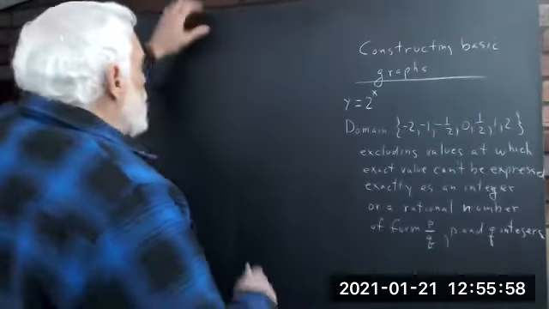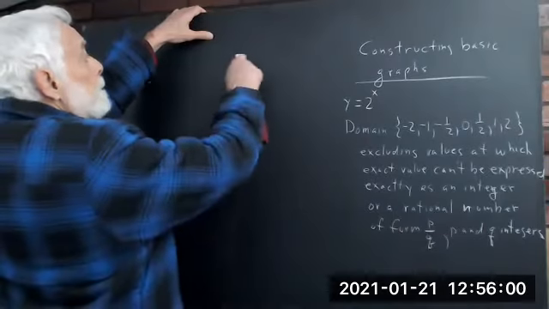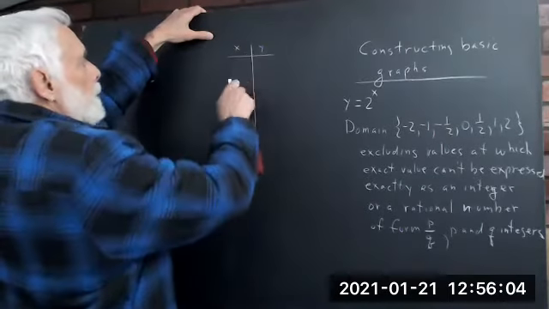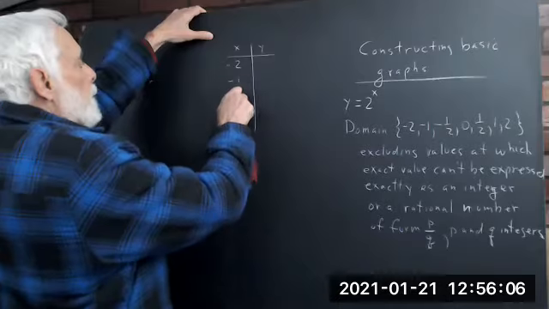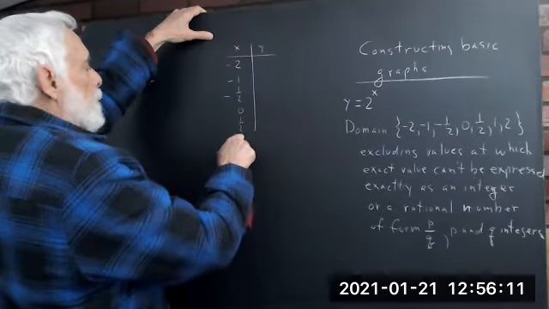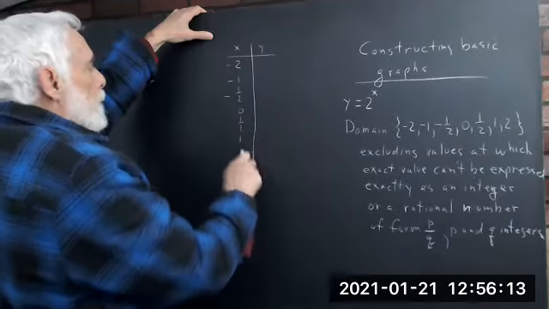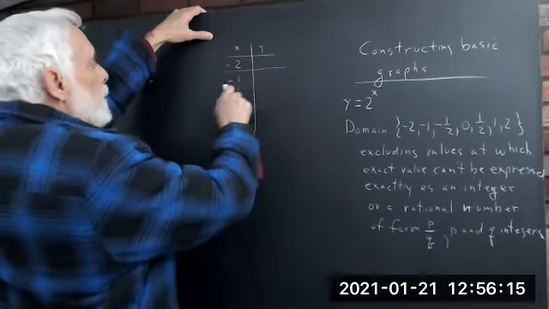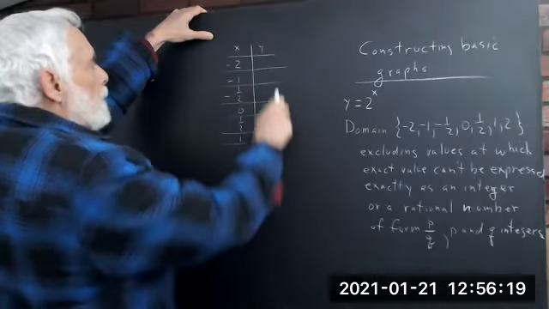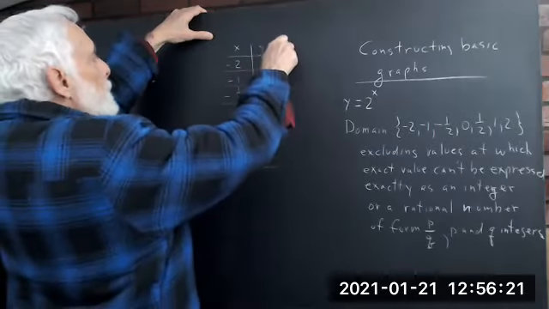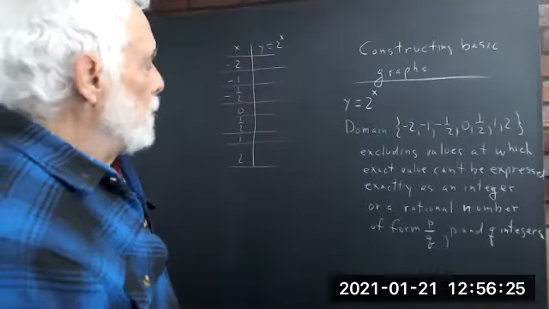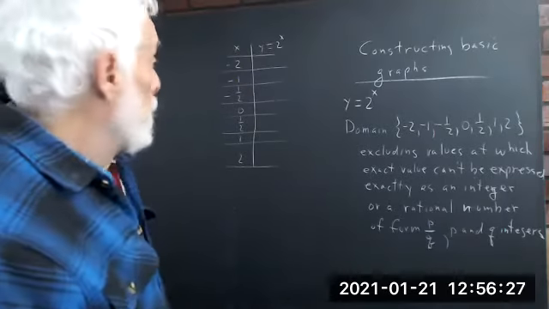So we start off with a table. Of course, your function here is y equals 2 to the x.